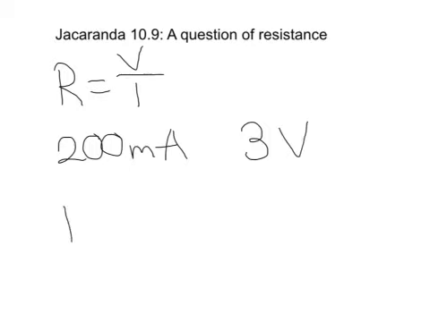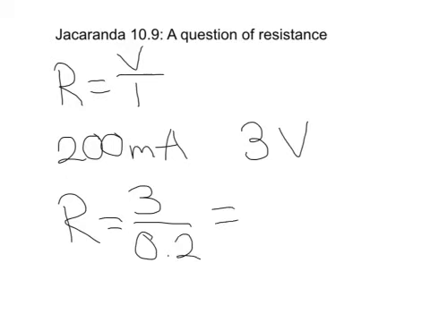So that means the resistance is volts, which is 3, over the current, which is measured in amps, so it's got to be 0.2. Alright, 200 divided by 1,000 is 0.2. And we end up getting 15. 3 divided by 0.2 is 15, and we have ohms, and we get to draw this funny little symbol here for ohms. Okay, so does that make sense?